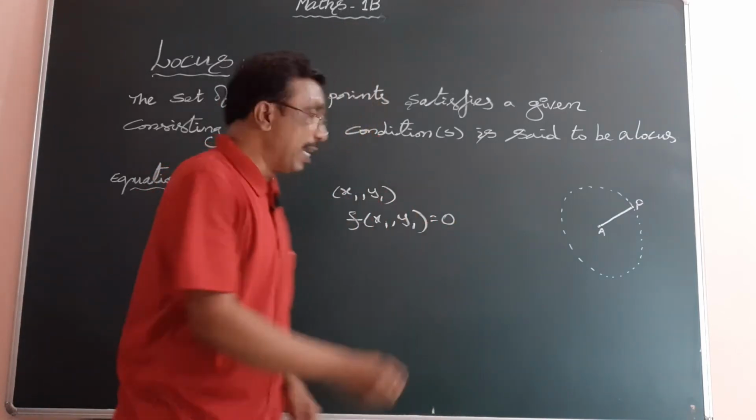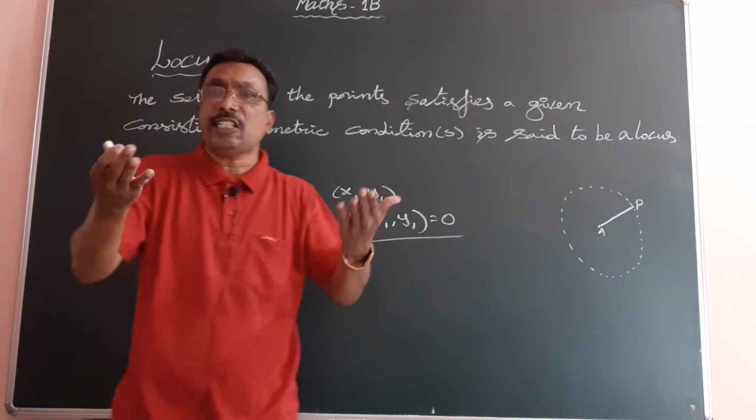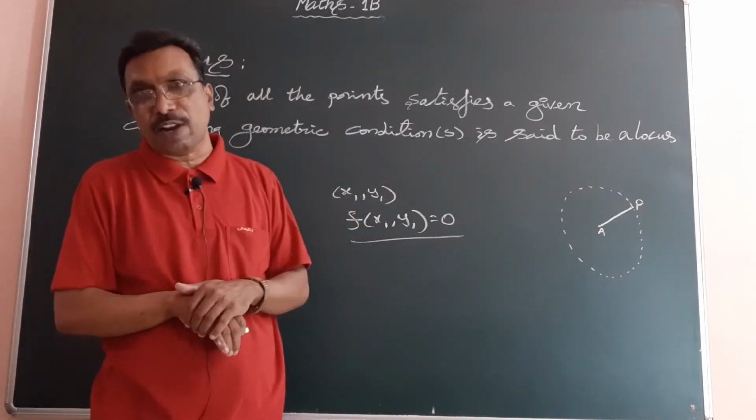F of x1, y1 equal to 0 means the given condition. Which condition is given? That condition is f of x1, y1.